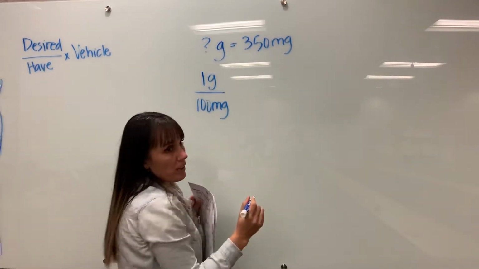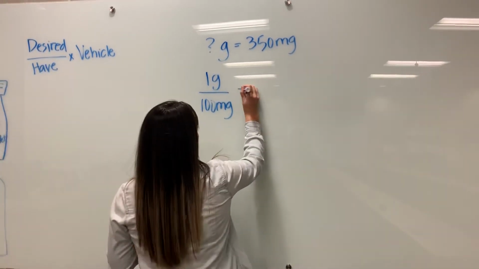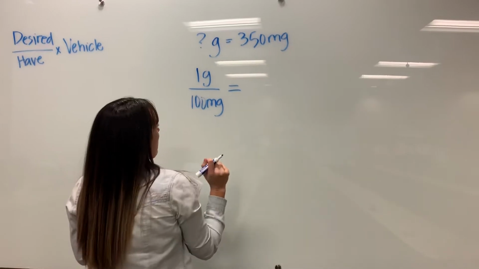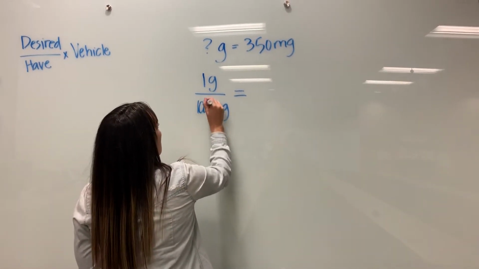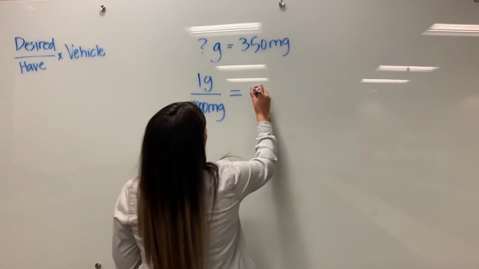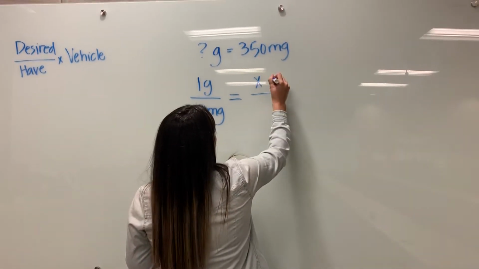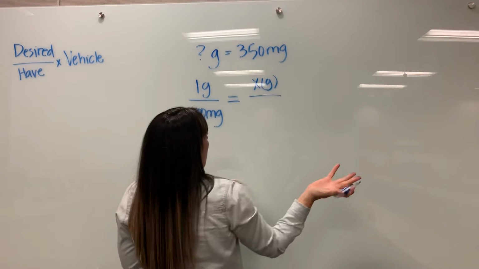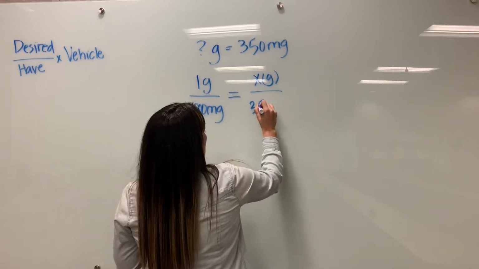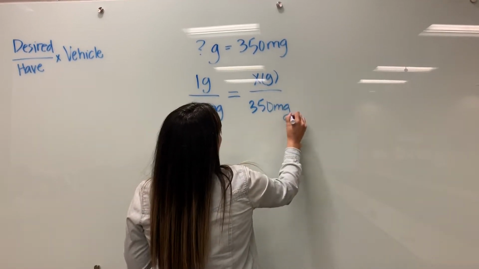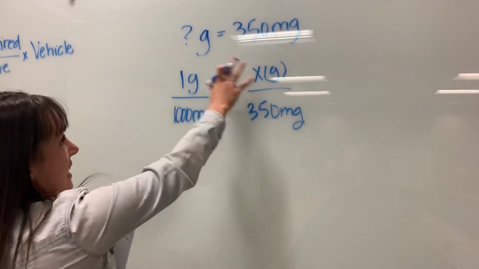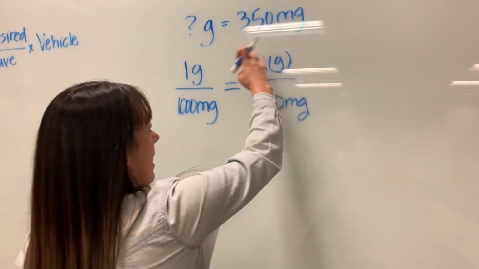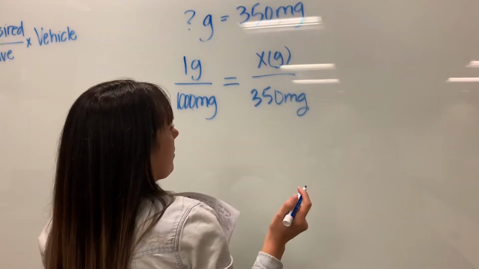I'm going to show you the ratio method first. We want to know, if 1 gram equals 1,000 milligrams, then how many grams is 350 milligrams. So I'm going to say X grams is going to equal 350 milligrams. Again, 1 gram equals 1,000 milligrams equals, because this is a ratio, X grams over 350 milligrams.